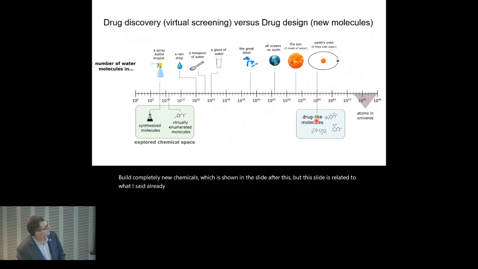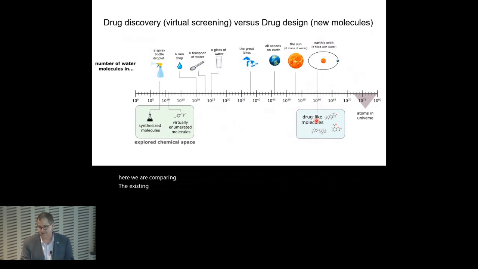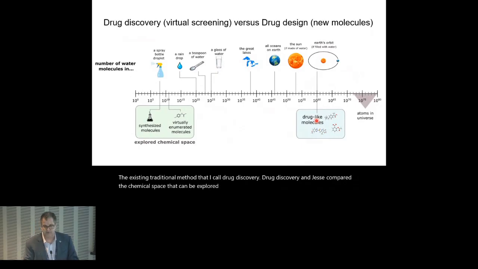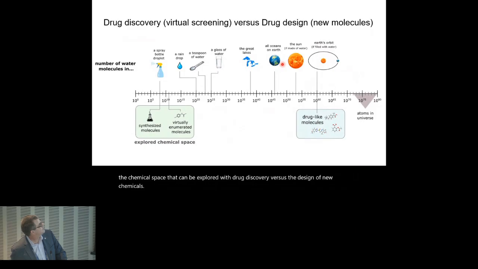So Jesse made this graphic, even though it looks like Wikipedia, but it's not. Here we are comparing the existing traditional method that I call drug discovery. Jesse compared the chemical space that can be explored with drug discovery versus the design of new chemicals with the number of water molecules in different entities.